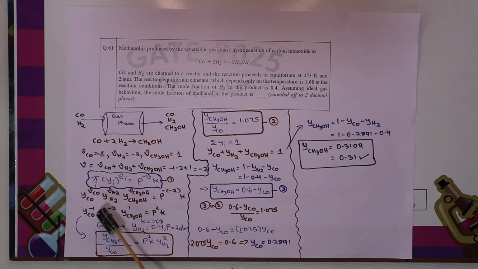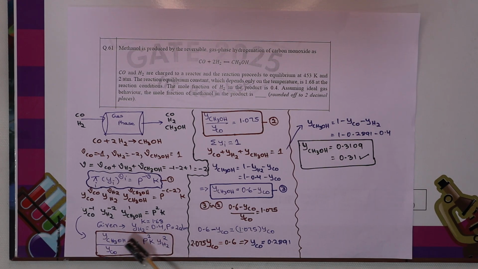So altogether you get the fraction of CO power minus 1, the fraction of hydrogen power minus 2, and the fraction of methanol power 1 is equal to P square into K. From this expression you get the fraction of methanol by the fraction of carbon monoxide is equal to P square, that is pressure square, into K, which is called the equilibrium constant, into the fraction of hydrogen square.